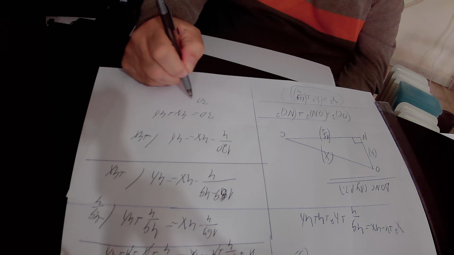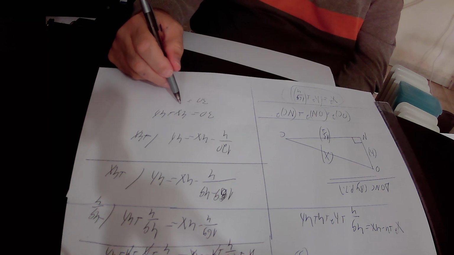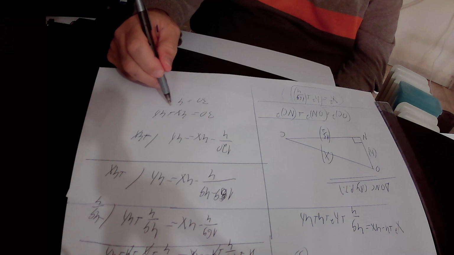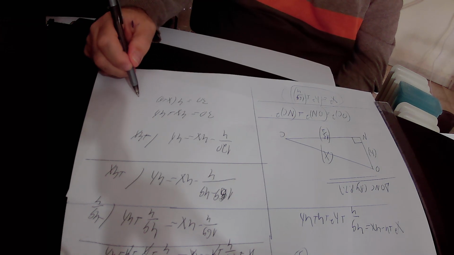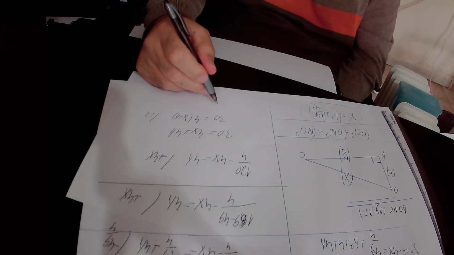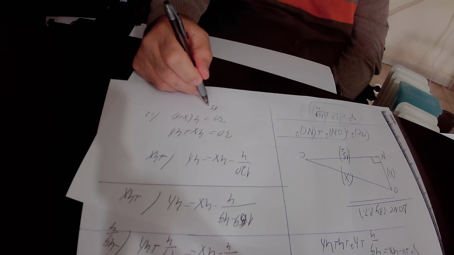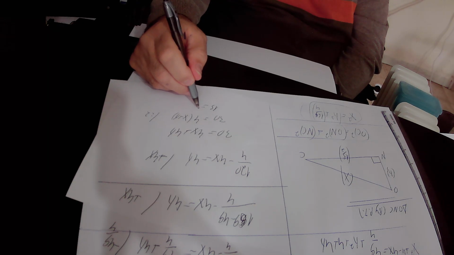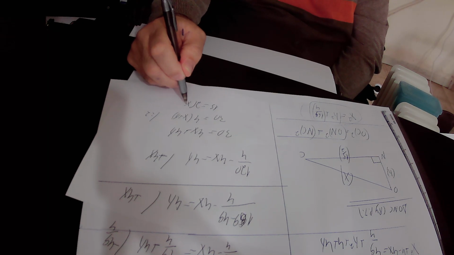So 30 equals, we take 4 as a common factor for these expressions, and inside the brackets we have x plus h. We divide this equation by 2 and we get that 30 over 2 is 15, which is equal to 4 over 2, which is 2, times x plus h.